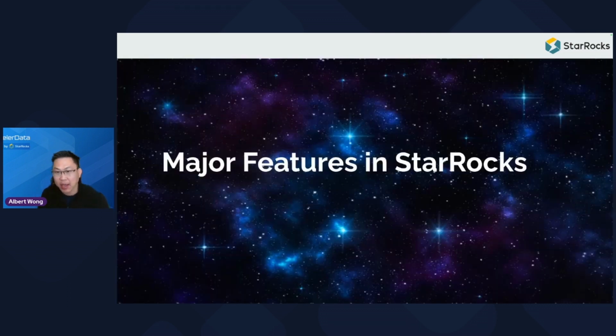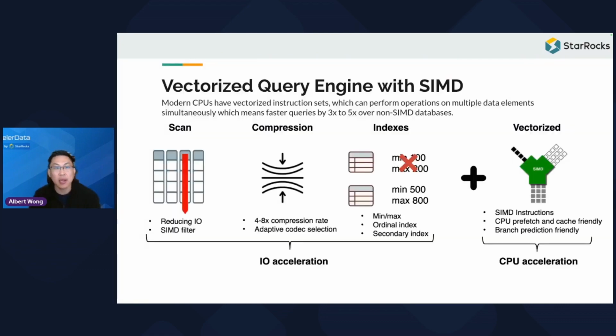Okay, so what are some of the major features of StarRocks itself, right? What makes us really different from all the other OLAP systems in the marketplace? One is our vectorized query engine with SIMD, right? Vectorized, for all intents and purposes, means that you store the data in columns. Why in columns?